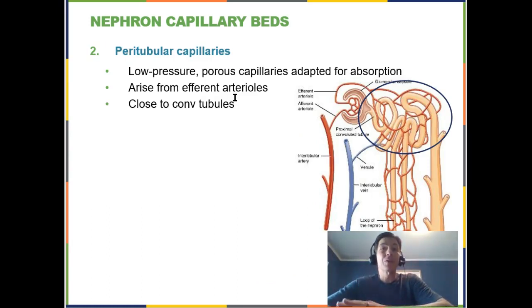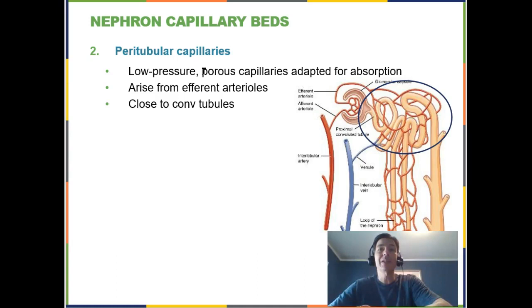So then you have a group of capillaries that are close to your proximal and distal convoluted tubule, so we call them the peritubular capillaries. These have low pressure, and they're porous, which means it's easy. They are, as it says here, adapted for absorption.